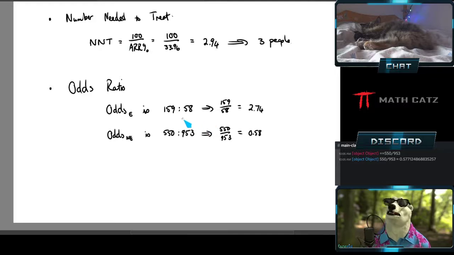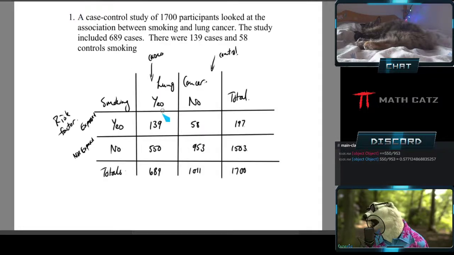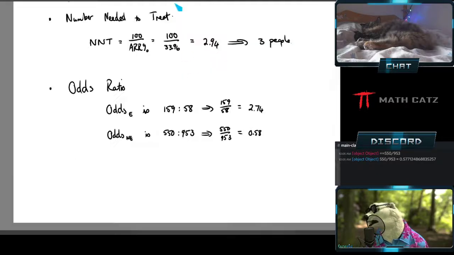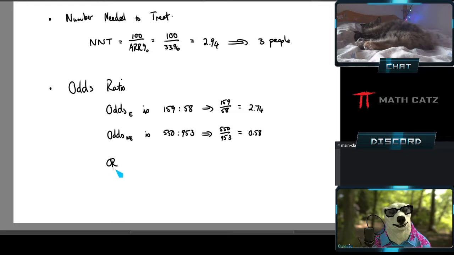I'm much more likely to get lung cancer in the smoking group than the not smoking group, which is why the odds of the first one is greater than 1 and so much bigger than the other one. And then my odds ratio, that's the last one we're calculating, is simply the ratio of these odds in standardized form.